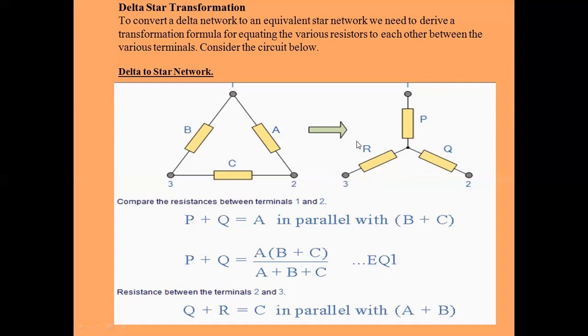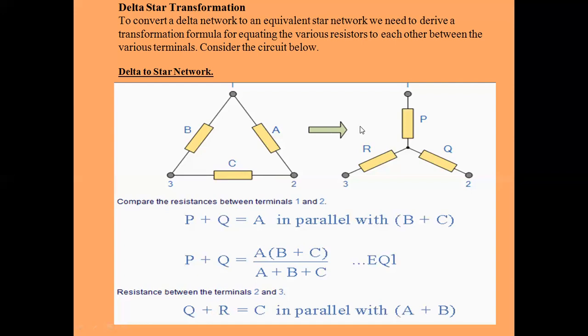So compare the resistances between terminals 1 and 2. Here between terminals 1 and 2 in star fashion, the resistances P and Q are there, and both are in series. So the series combination between terminals 1 and 2 is P plus Q. Their equivalent in delta fashion is A in parallel with the series combination of B and C. Means we can compare these resistances between terminals 1 and 2 in star and delta.